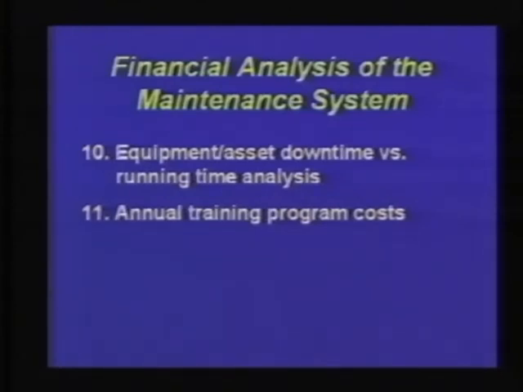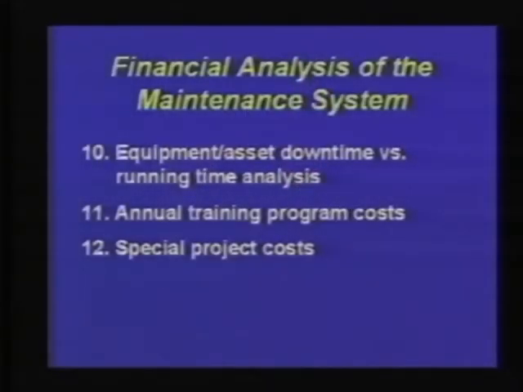Report 11 is the training cost for the maintenance organization, and that could be subdivided into training of craft personnel by the various activities such as planning and scheduling, the purchasing system, the inventory management program, the storeroom personnel, and that could even be broken down further to training costs for, let's say, the implementation of cycle counting or any other types of cost relative to training.